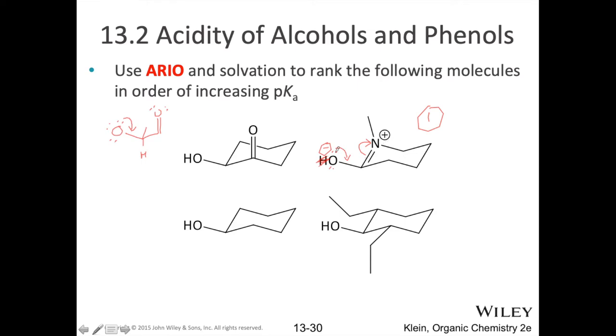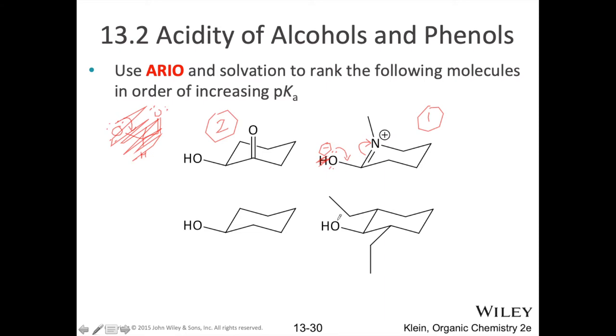All right. Next comes I for induction. So that would be this guy. Even though this double bonded oxygen is too far away to do any resonance, so we can get rid of that, this does have an inductive effect because of the electronegativity of that oxygen. So we'll put that at number 2. Out of these two, they don't have resonance or induction, and of course no orbital differences.